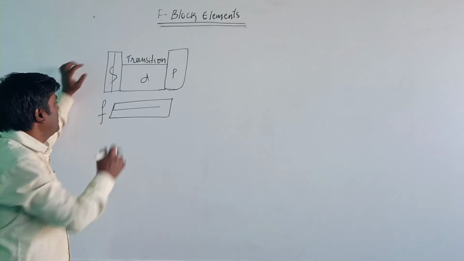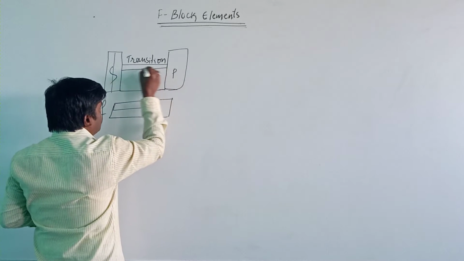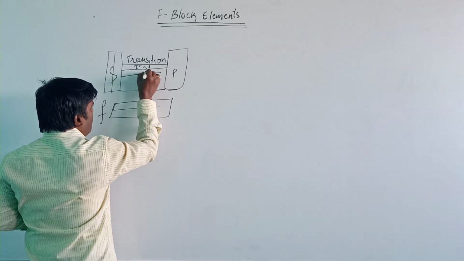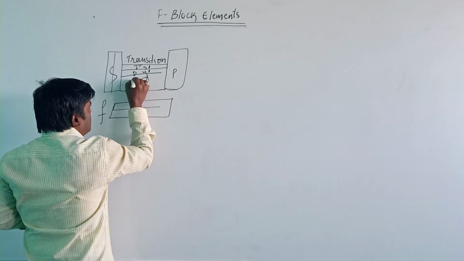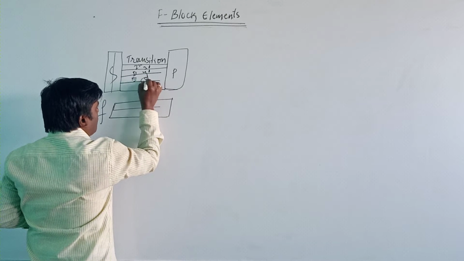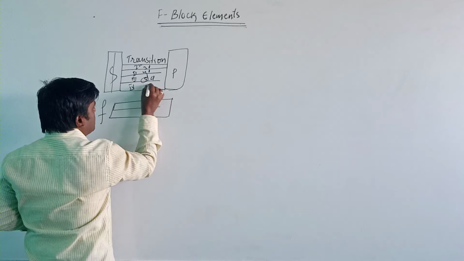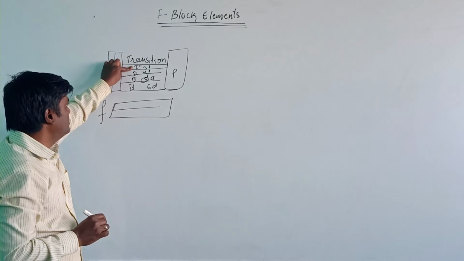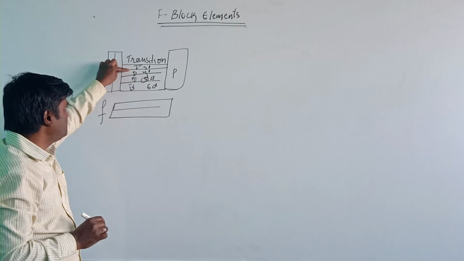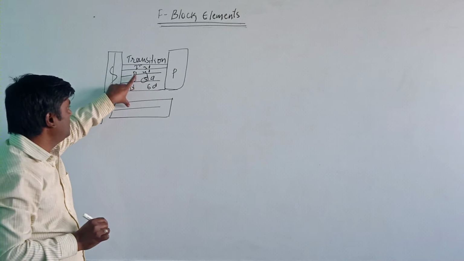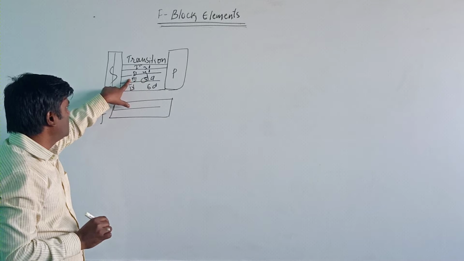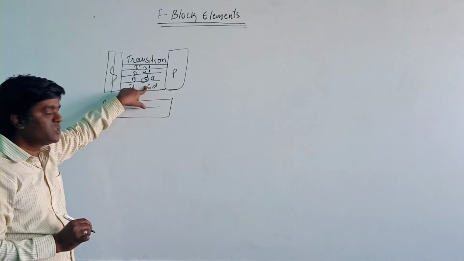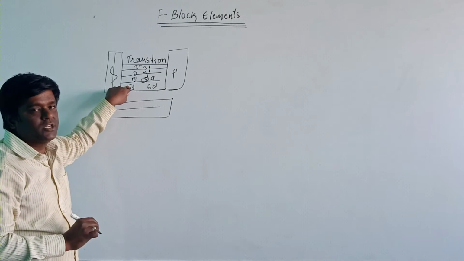We have seen the 3d series elements, that is the first transition series, 4d the second transition series, 5d the third transition series, and 6d the fourth transition series. So 3d series elements are known as first transition elements, 4d series as second transition elements, 5d series as third transition series elements, and 6d series as fourth transition elements.